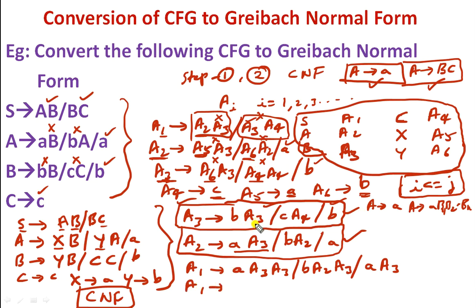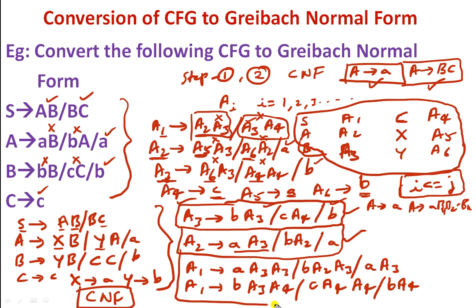A3 means b A3, and A4 is already there, so b A3 A4, or next c A4, A4 already there, so c A4 A4, or next b is there, for A3, b, A4 already there, b A4. So these are the new production rules for A1.